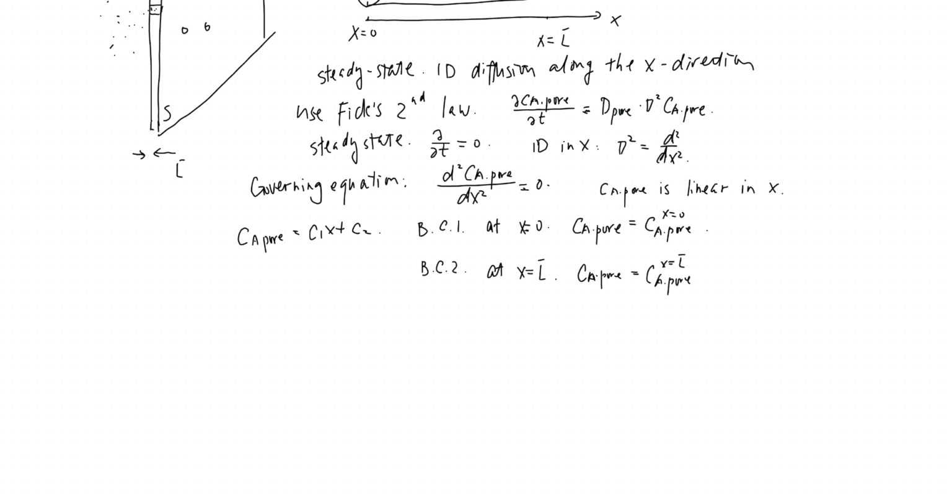Now with these boundary conditions, we can solve for the solute concentration within the pore as a function of x. It is CA in the pore at x equal to 0, minus CA at x equal to 0 minus CA at x equal to L bar, divided by L bar, multiplied by x.